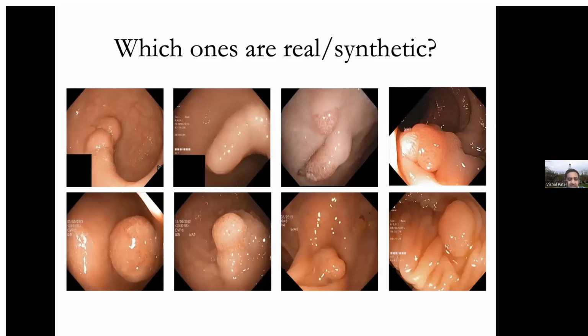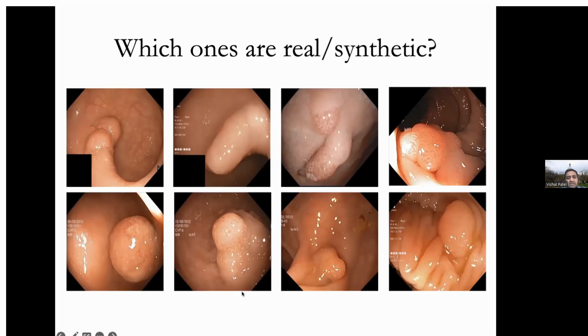As we know, collecting data and annotating them is very expensive and time consuming. And on top of that, we have to deal with these privacy issues. So the idea is that, can we leverage one of these generative AI technologies, in particular diffusion models, and be able to synthesize or generate realistic looking images, which can then be used to improve your segmentation algorithm or classification algorithm, whatever you're dealing with.